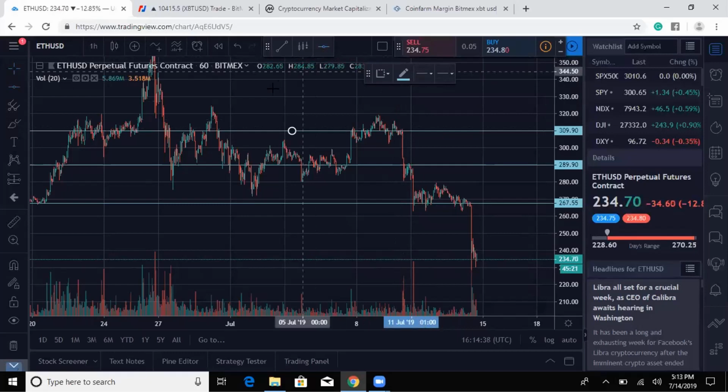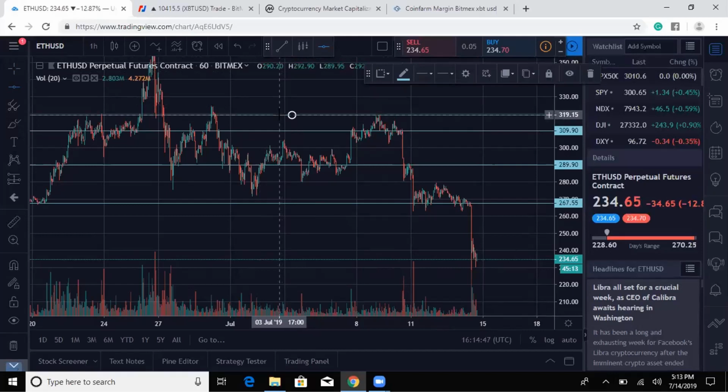And then another is right here. And if I really want to continue to map out these areas all the way, I can also map this one out right here.